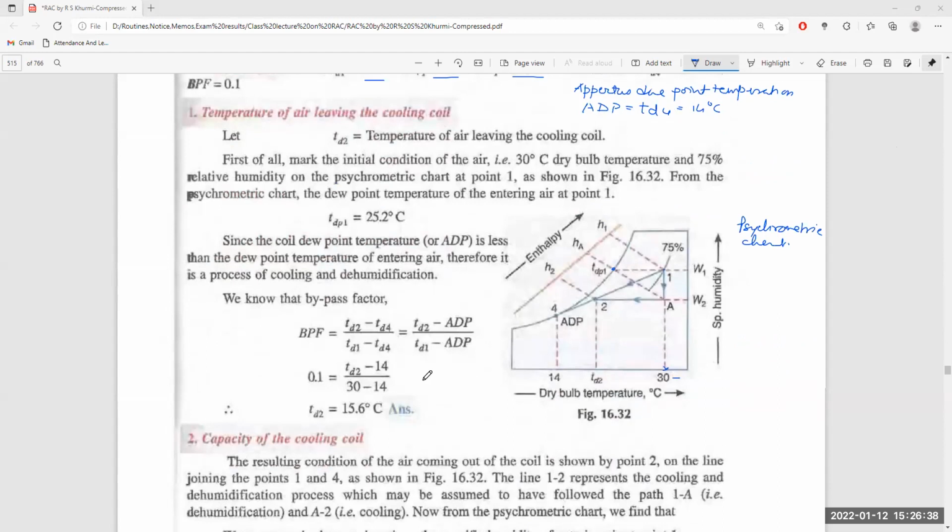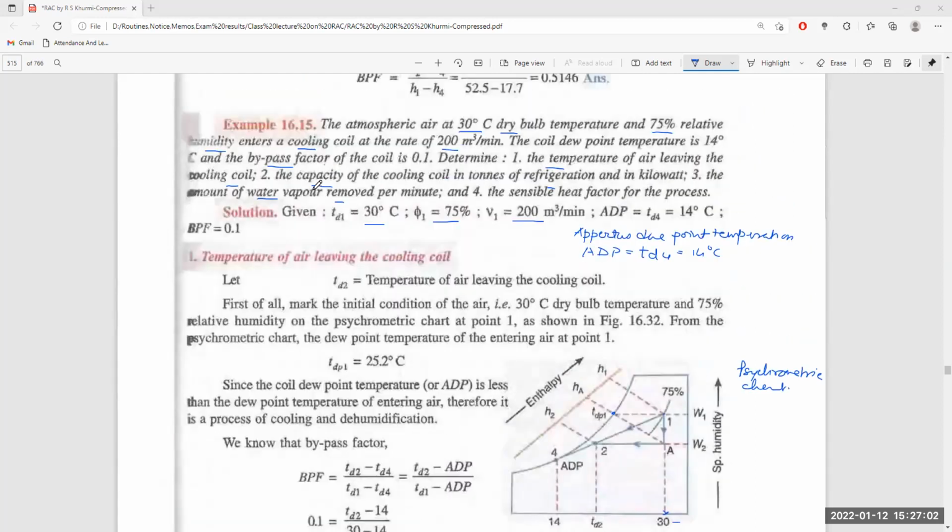So we have the bypass factor, the incoming air dew point temperature and the apparatus dew point temperature, and thus we can calculate the temperature T2, the outlet temperature of the air, that is 15.6 degrees centigrade.